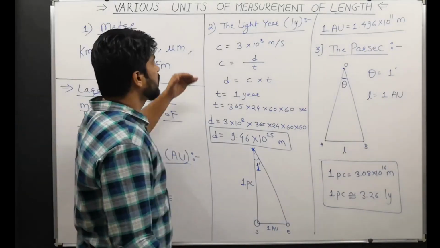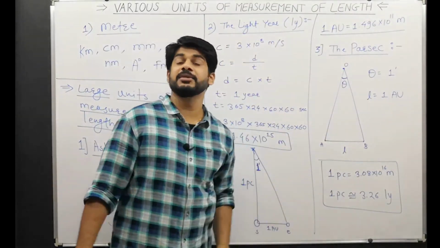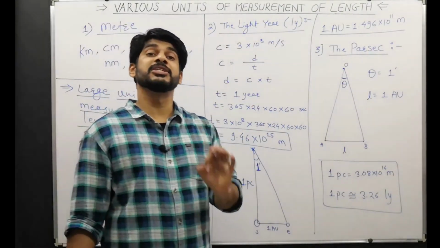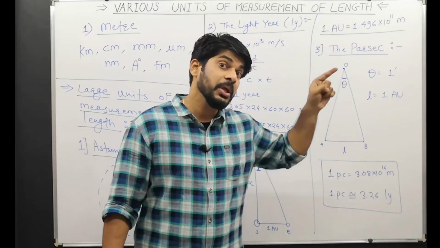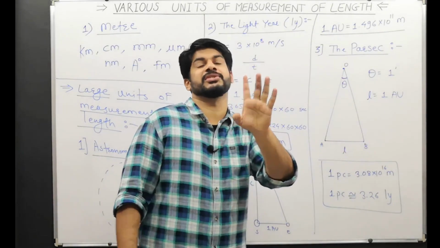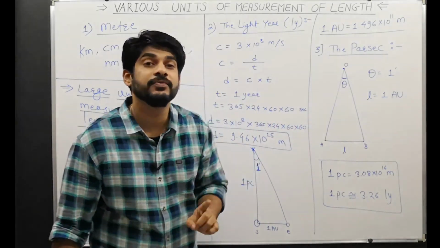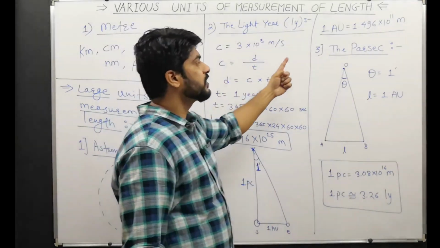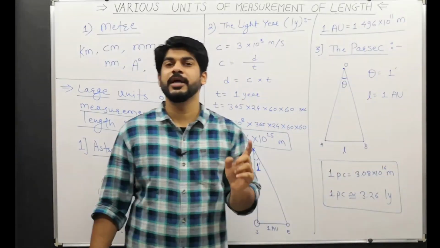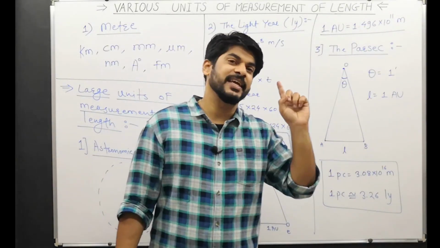Then we talked about the light year. Light year is the distance traveled by light in exactly 1 year. Next one was this parsec, which is related to that parallax and second.